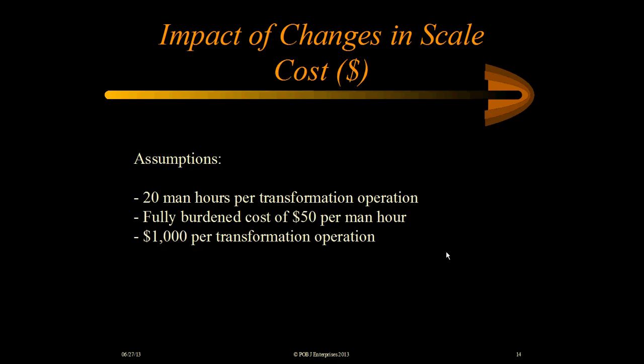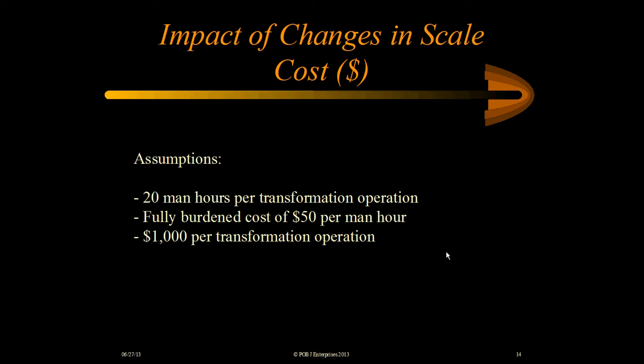And of course, let's also take a look at this from the view of dollars. If we assume 20 man hours per transformation operation, now this is analysis, design, coding, testing, and implementation. And some people would say that's kind of a low estimate, but let's be conservative here.